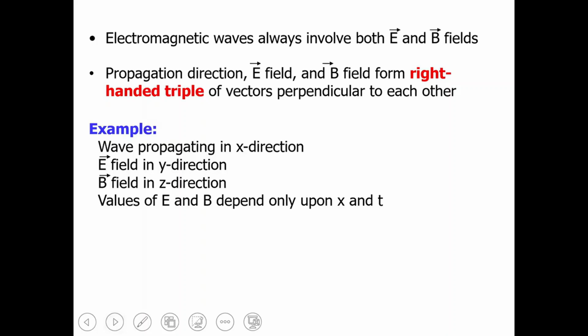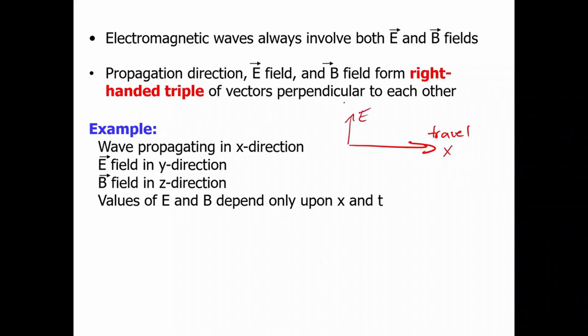So, for example, if I have a wave that is traveling in the x direction, so if my direction of travel is in the x direction, my electric field might travel in the y direction, and then going, say, in or out of my page in the z direction is going to be my magnetic field.